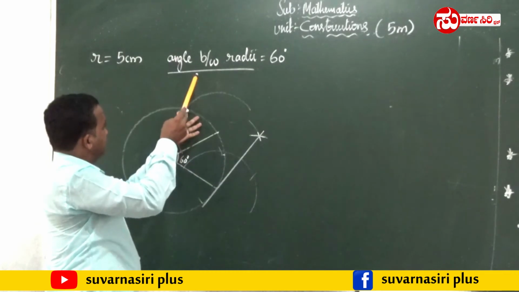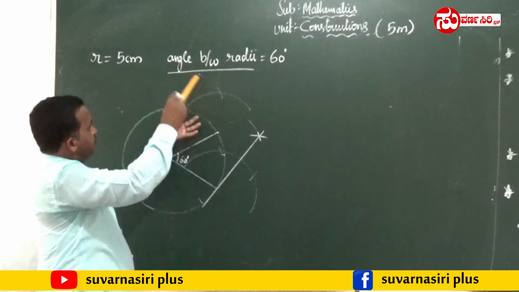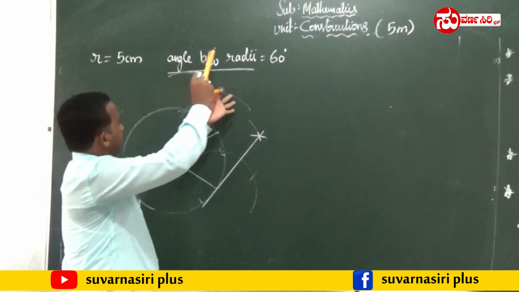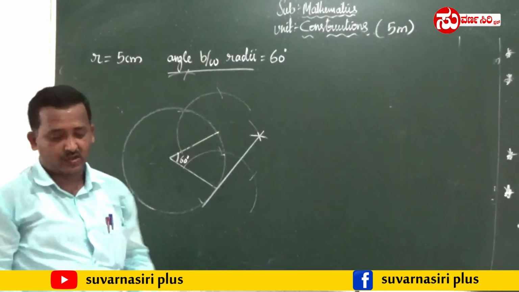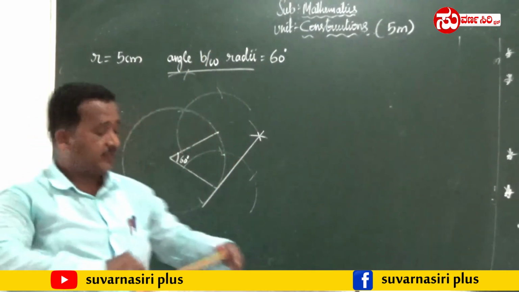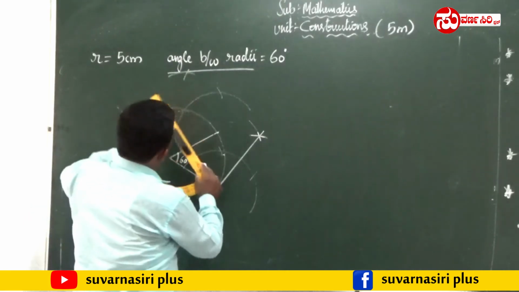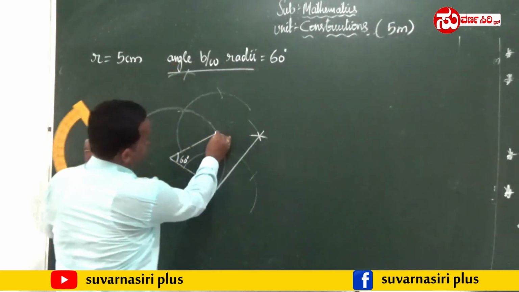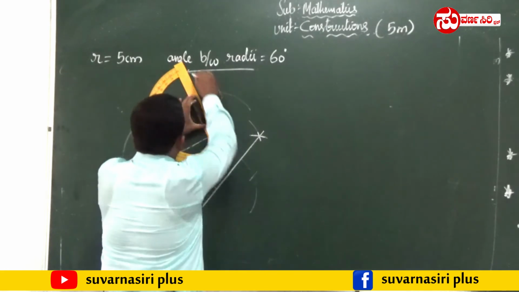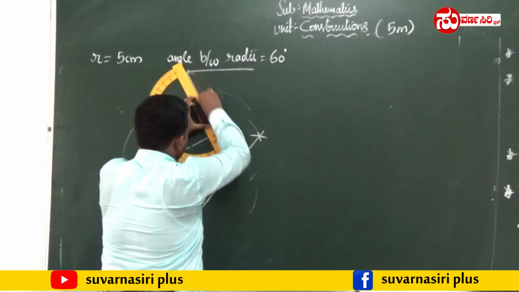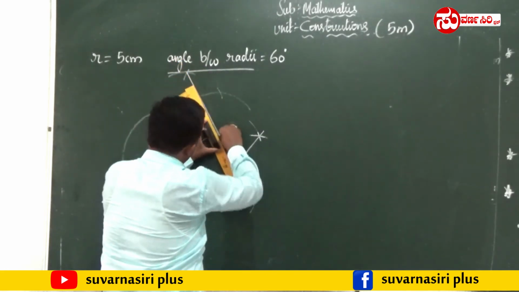Number 1, number 2, 3, then number 4. Four arcs you have to draw and then join them. Here is a point of contact. So join them, extend them.